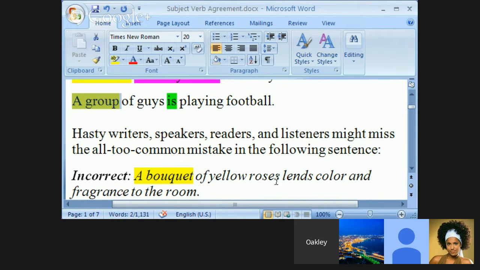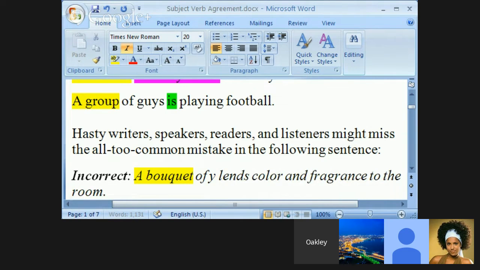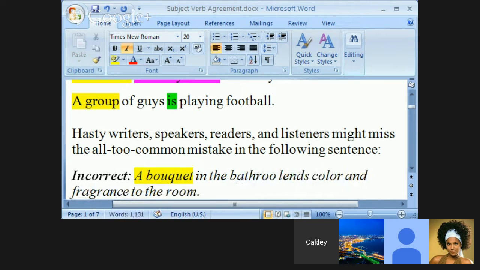This is just a prepositional phrase. If I change it, for example, to a different prepositional phrase, in the bathroom, now it probably is not so hard to understand.